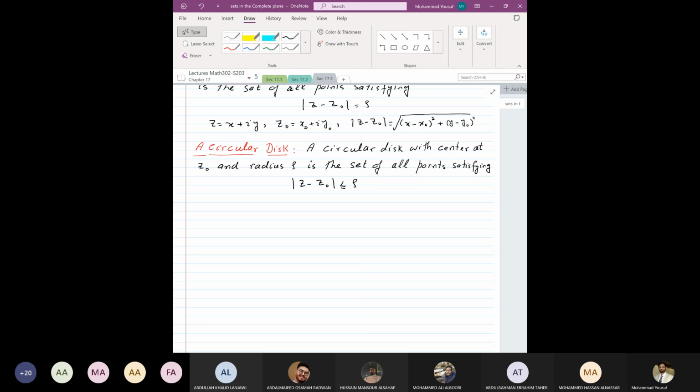An open set, which is also called a neighborhood of Z0 or an open disk.